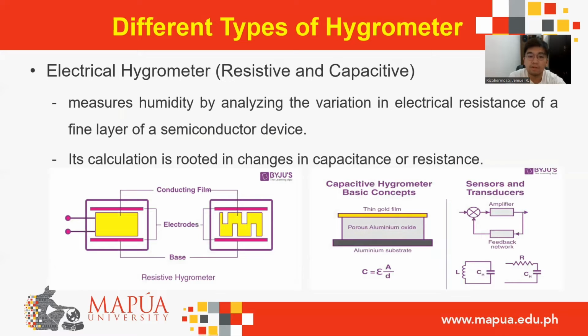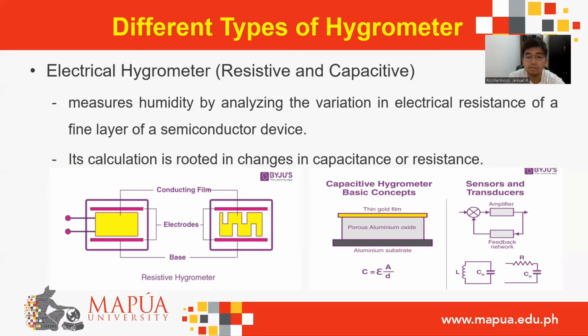The next type of hygrometer is the electrical hygrometer, which has two types, resistive and capacitive. It measures humidity by analyzing the variation in electrical resistance of a fine layer of semiconductor transparency or semiconductor device. On the other hand, other hygrometers detect variations in transparency, weight, or volume of substances that respond to humidity.